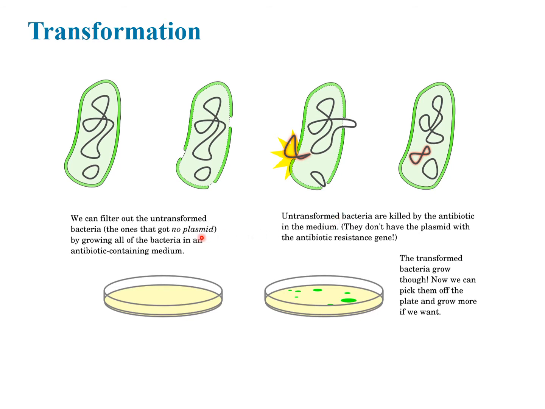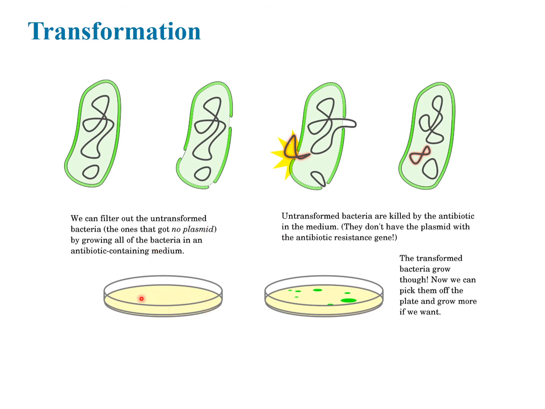You can filter out the untransformed bacteria by making sure that you have an antibiotic resistance gene in your recombinant plasmid.